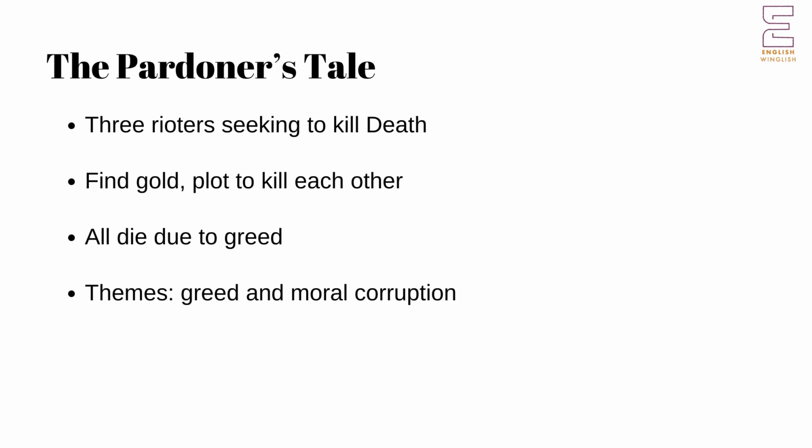The youngest writer is sent to fetch food and drink and poisons the wine, while the other two plan to stab him upon his return. The plan works, but they end up drinking the poisoned wine and dying as well. The tale serves as a powerful admonition against greed and the moral corruption it brings.